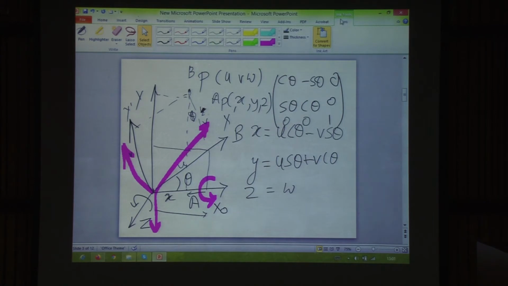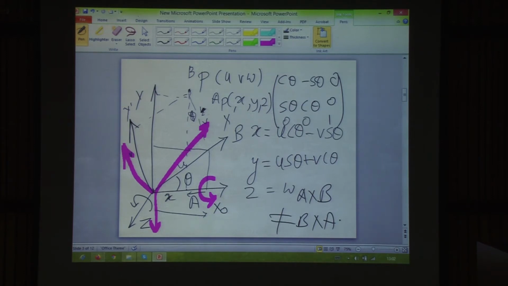Because these are matrices, so A into B is not equal to B into A, okay? So the order of multiplying is important now, because these are matrices.